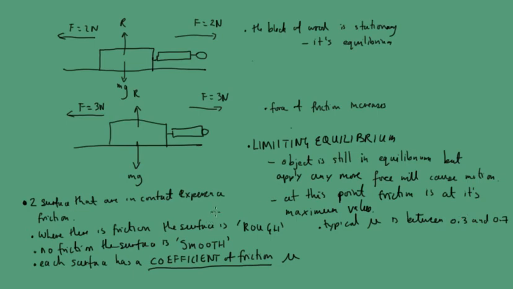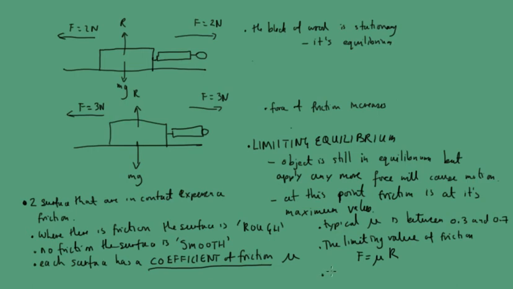Now, the limiting value of friction, that maximum value that it takes, F is going to be equal to mu R. So mu times the contact force.